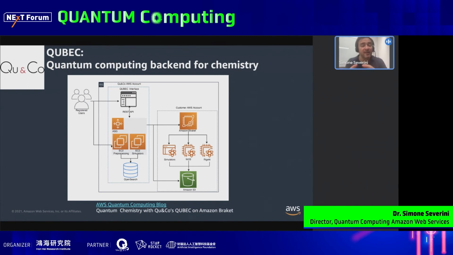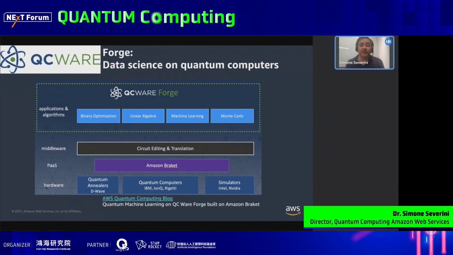I think it's interesting because it shows that if you want to build some service for people to explore quantum computing, for people to do specific things with quantum computers, like attempting design, chemistry and material science simulation, then Amazon Braket is a tool as part of a complex environment which includes other services.